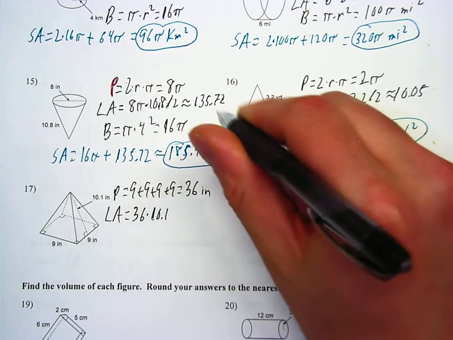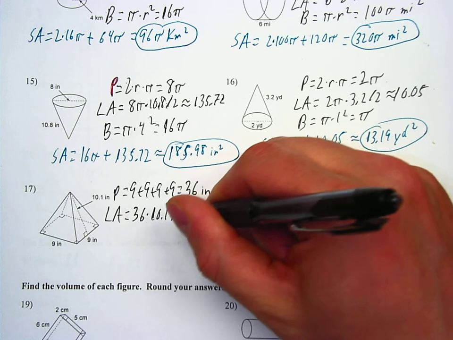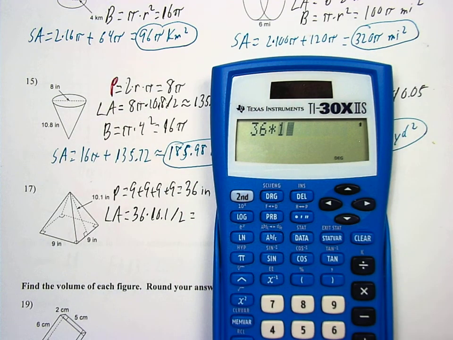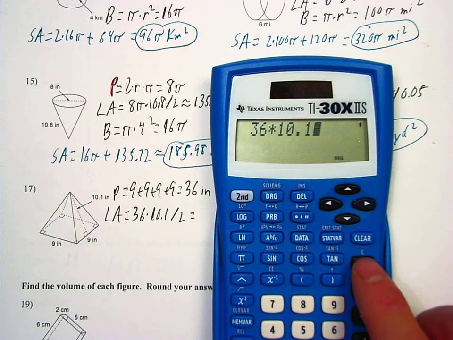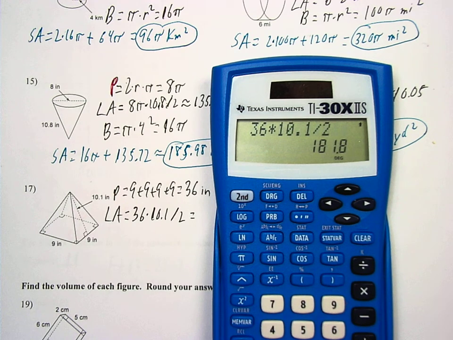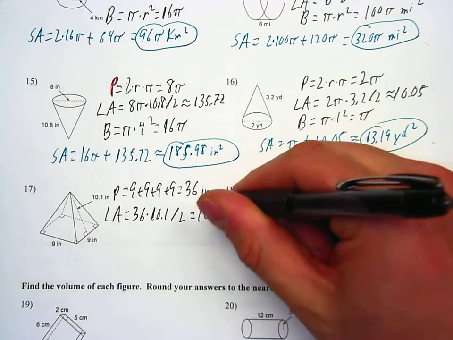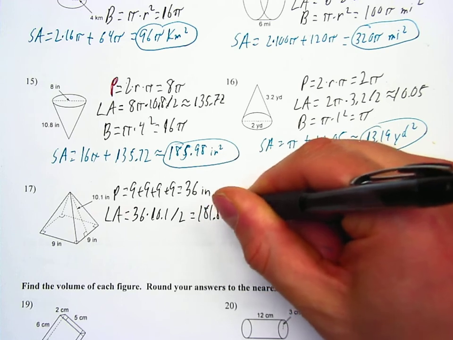But once again, I'm dividing this by 2, cutting it in half, to get the appropriate value. So 36 times 10.1, divided in half, yields 181 and 8/10. So that is the lateral area, 181 and 8/10 square inches.